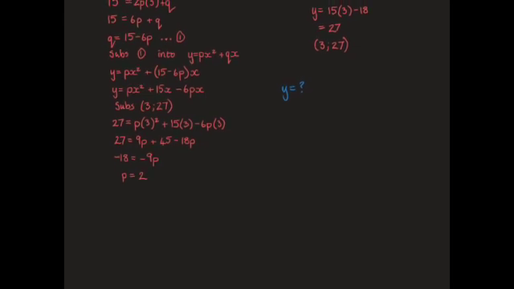So I am going to take that value and I'm going to substitute it into equation 1, where q was equal to 15 minus 6 times p, and once again you have a calculator so that you would get an answer of 3. Therefore, our values are p is equal to 2 and q is equal to 3.